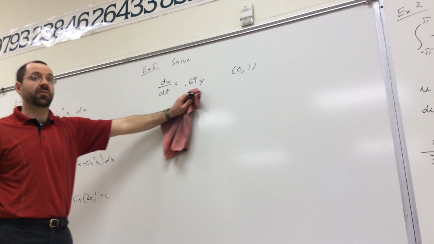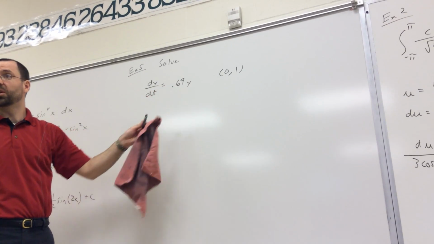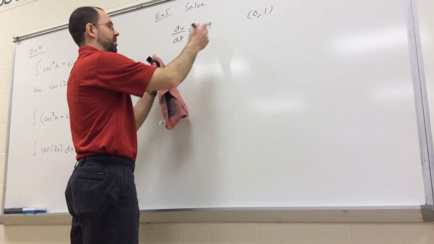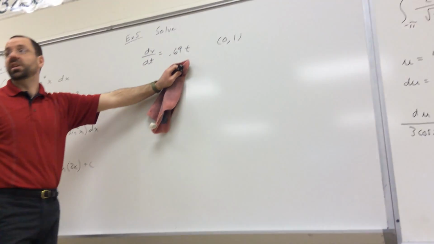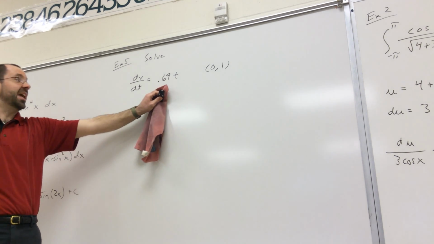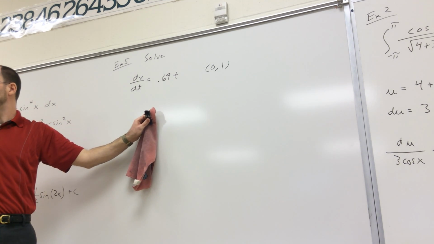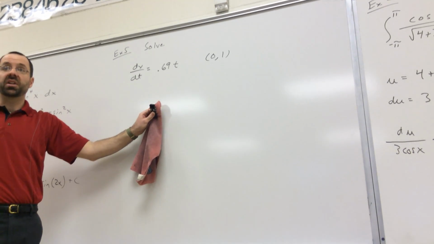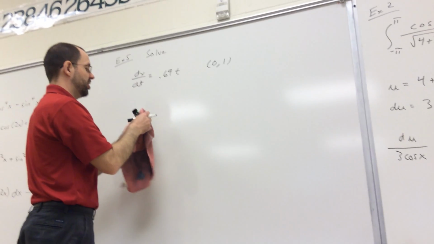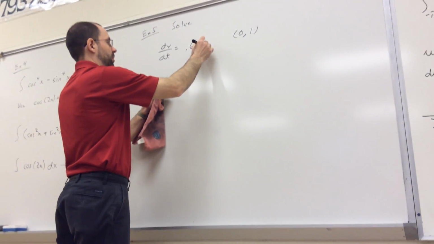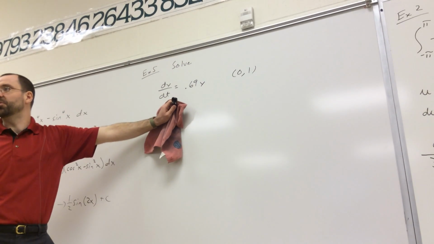Okay, now this is different than ones we've seen before. If this was a t, we'd be in business, right? Because then we could just take the antiderivative right from this stage to get the original y equation. But the y there changes things. We don't know how to take the antiderivative of y.